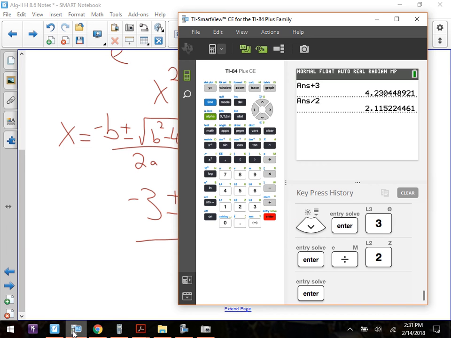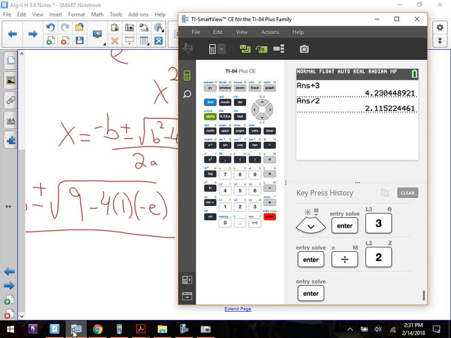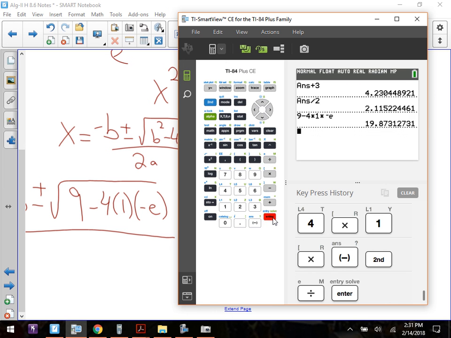So I type in my calculator. Let me move this out so I can see it. 9 minus 4 times 1 times negative e. I get some crummy decimal. I need to take the square root of said crummy decimal.